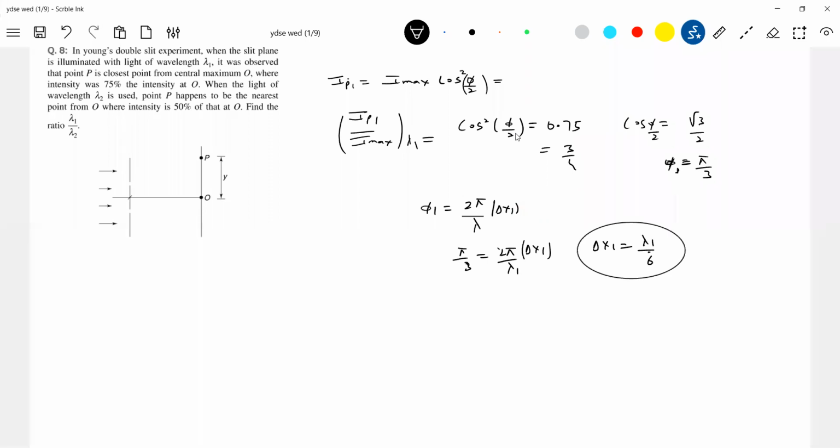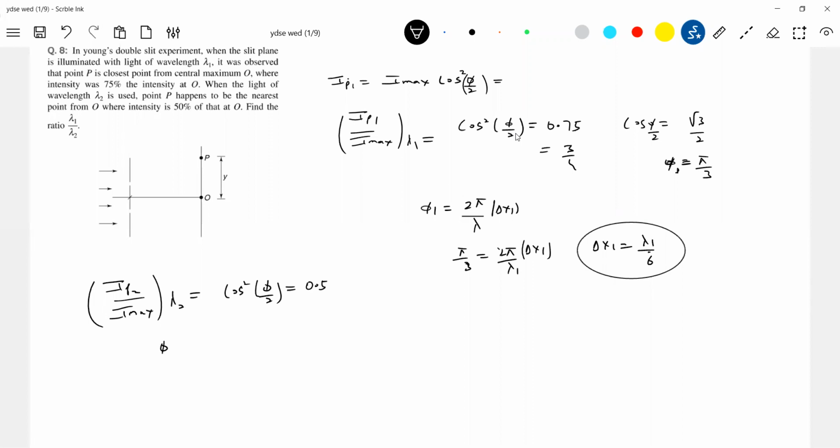Similarly, shall I directly write for the next one? When the wavelength is lambda 2, how much has he given? 50%, 50 by 100, 0.5.